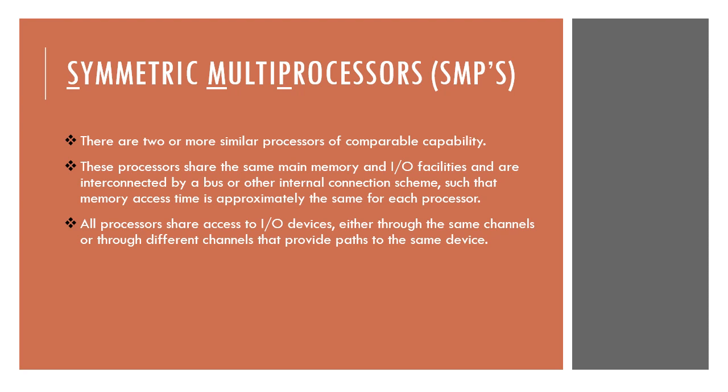All processors share access to I/O devices either through the same channels or through different channels that provide paths to the same device. All processors can perform the same functions, hence the term symmetric.